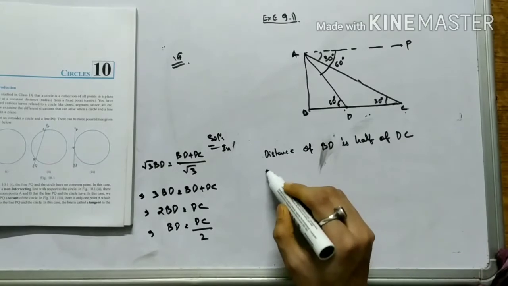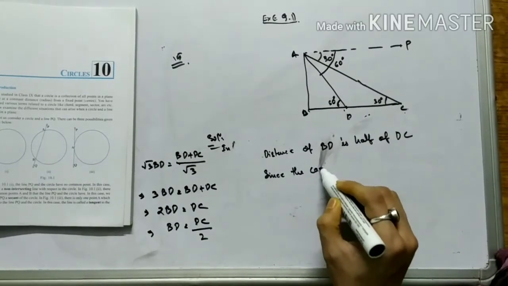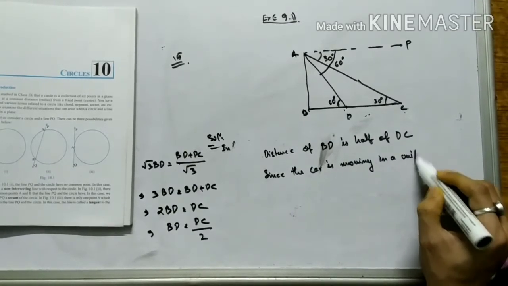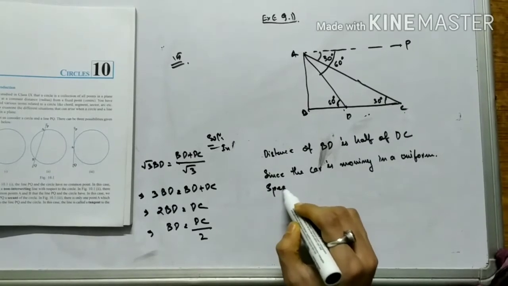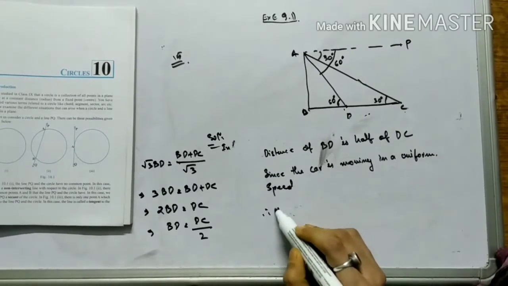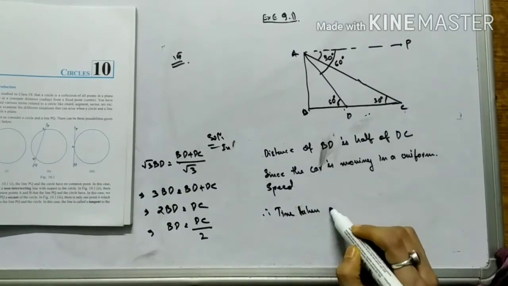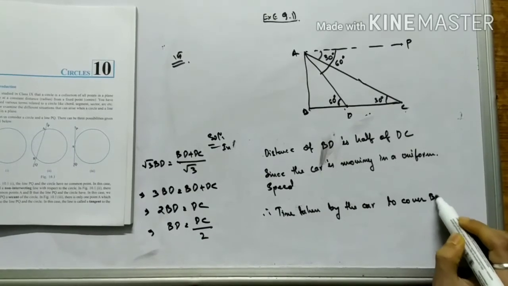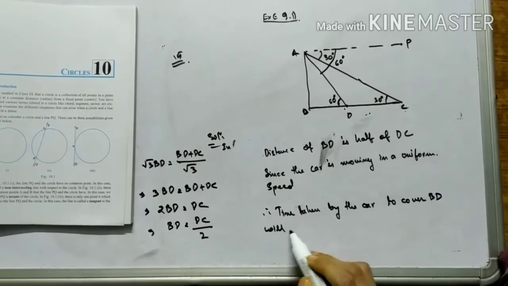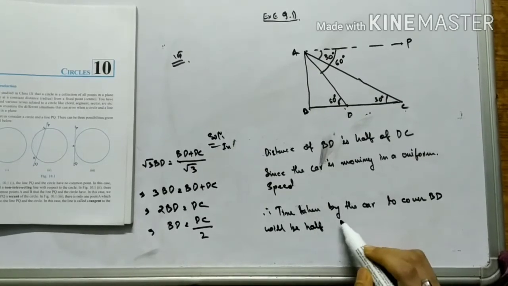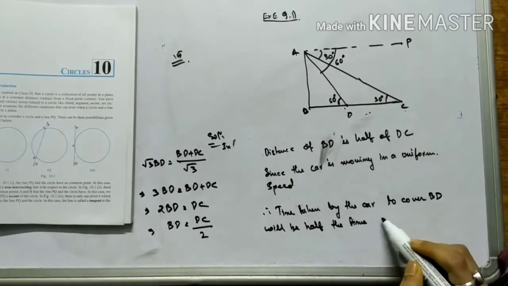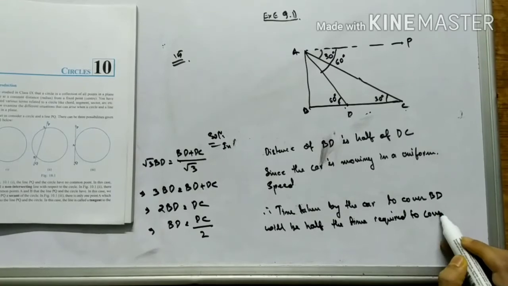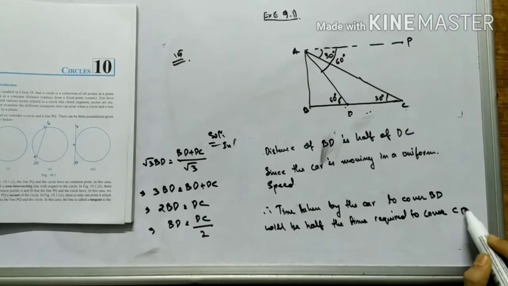Since the car is moving at a uniform speed, the time taken by the car to cover BD will be half the time required to cover CD.